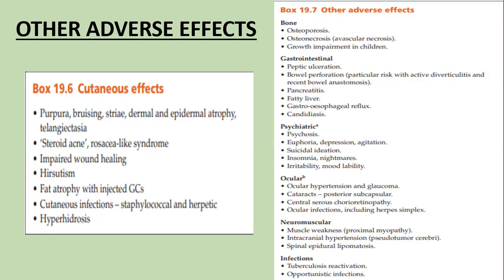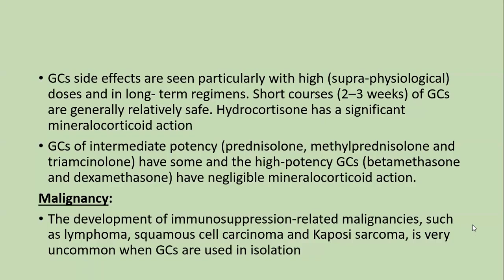Ocular: it causes ocular hypertension, glaucoma, cataract, neuromuscular weakness, muscular weakness, intracranial hypertension, and it may result in TB and other opportunistic infection reactivation. These side effects are particularly seen with high or supraphysiological doses in long-term regimens. Short courses of 2 to 3 weeks of glucocorticoids are generally relatively safe.